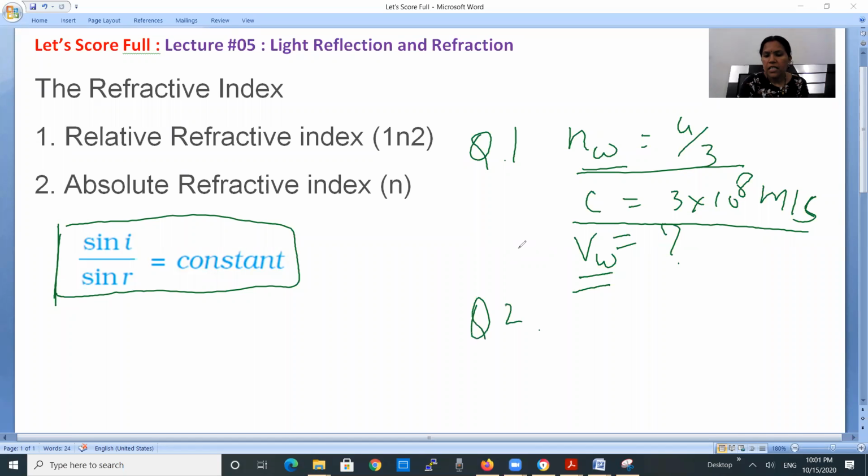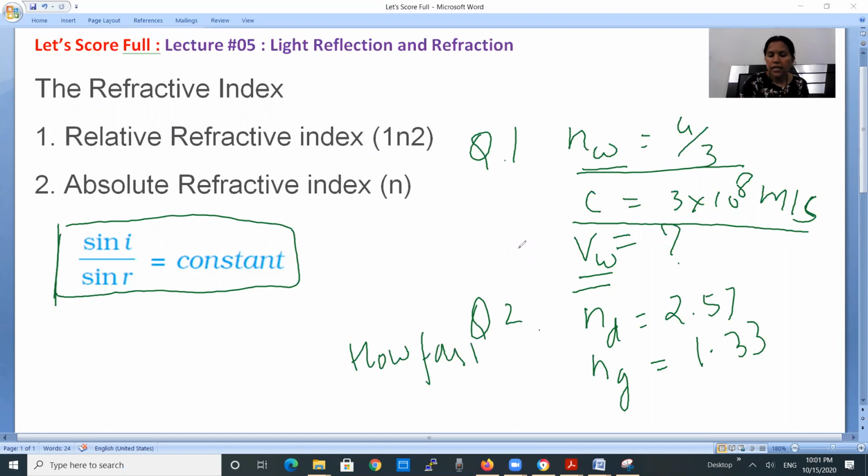question 2: refractive index of diamond is 2.57 and refractive index of glass is 1.33. So the question is, how fast does light travel in glass compared to diamond?